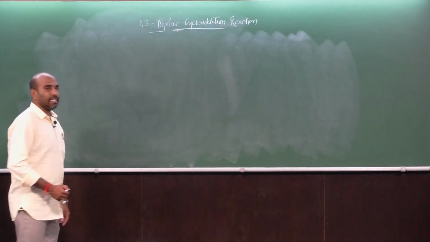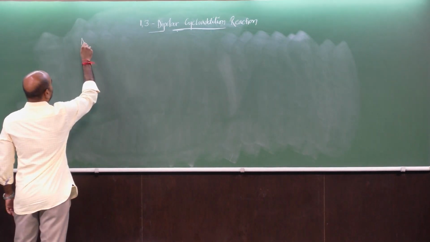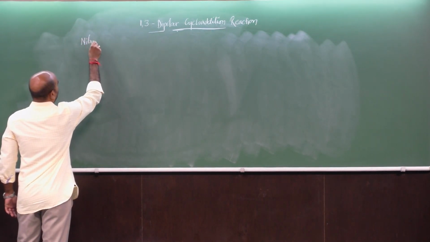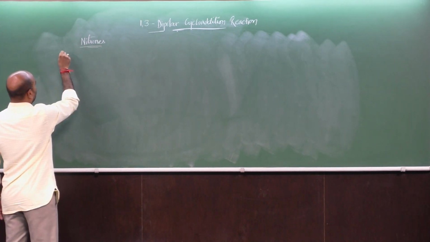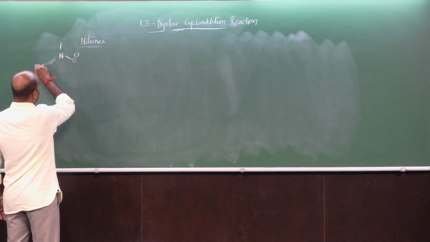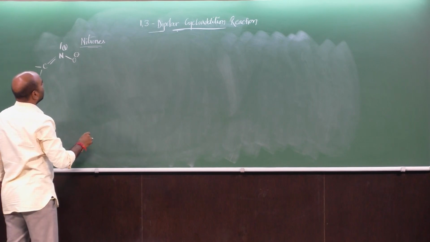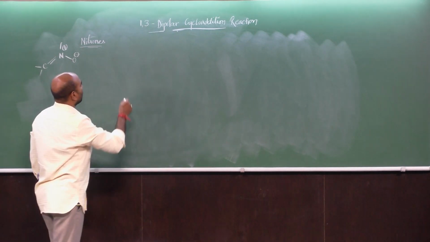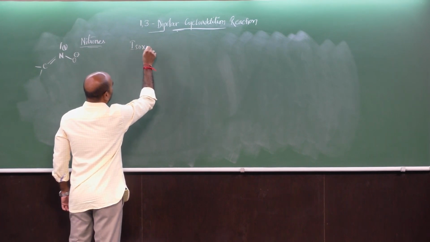First, we will see the synthetic applications of the nitrones. Nitrones we have seen already. So, this is nitrone, right. These nitrones are generally used in the synthesis of isoxazolidines.